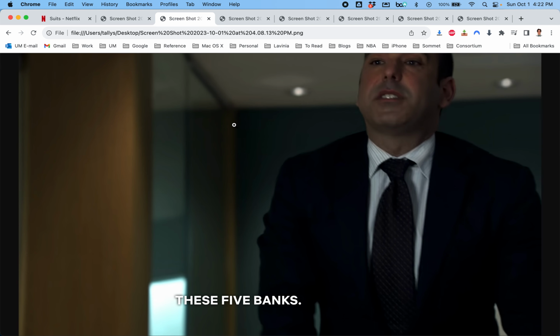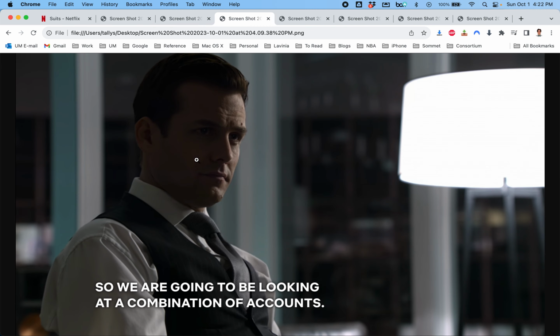So now the question becomes, we need to look for a combination of accounts among these 5 banks that had deposits on that day. Because as Lewis explains, when people are trying to hide money like this, they don't just make one transfer.